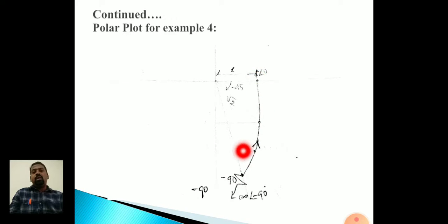It starts here and ends at infinity with respect to the minus 90 degree line. At theta equal to 0, m omega is 1. At theta equal to minus 90, m omega is infinity. In between, theta is minus 45 degrees and m omega is root 2. Any number of points you can get, but these three points are sufficient to have the polar plot.